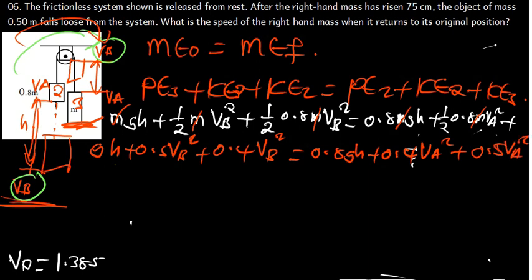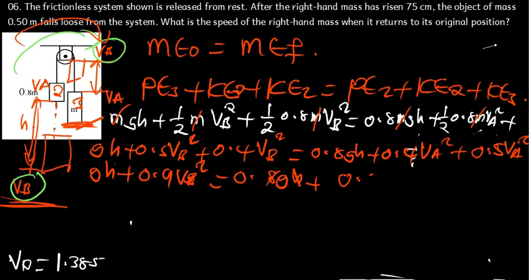Now from here we can see that this is going to give us gh plus 0.5 plus 0.4 is 0.9 vb squared has to be equal to 0.8 gh plus that one is going to give us also 0.4 plus 0.5, which is going to be 0.9 va squared.